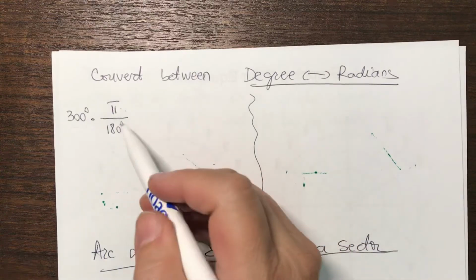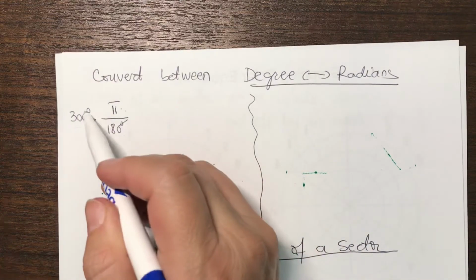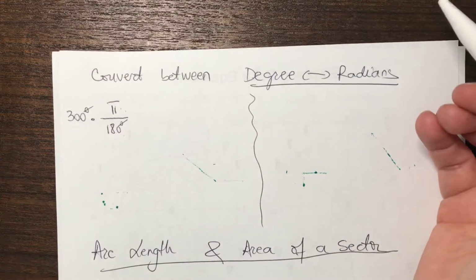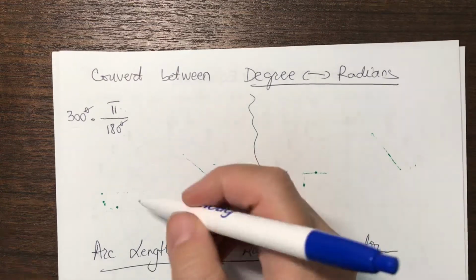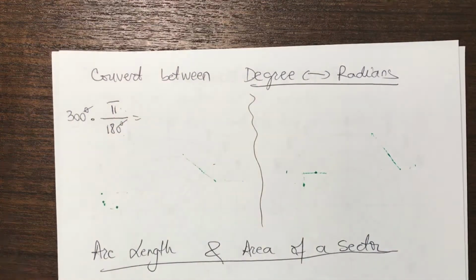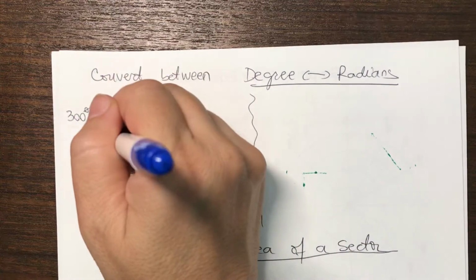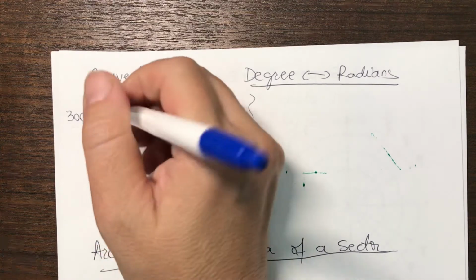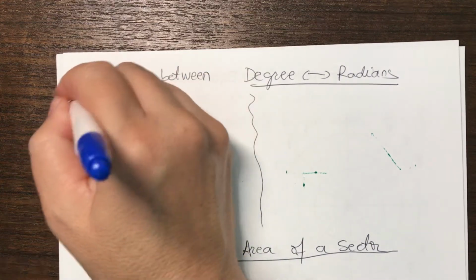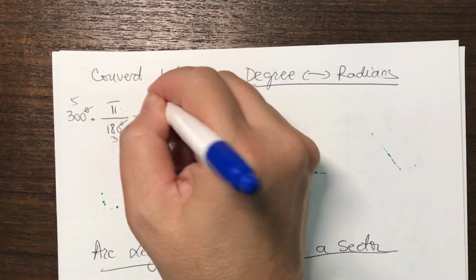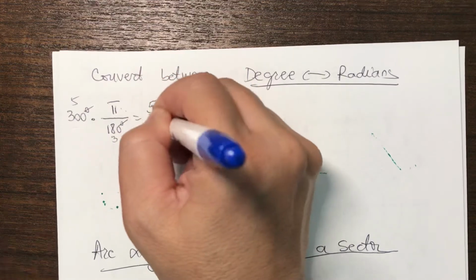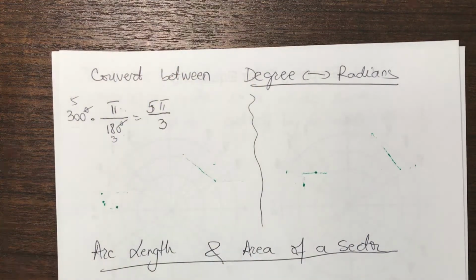So what I want to do is get rid of the degrees and bring in the radians. So the degrees cancel out. 300 over 180, I can reduce it by 60, and that's going to be a 3 and a 5, so that's 5 pi over 3. And again, radians, because I don't write anything.